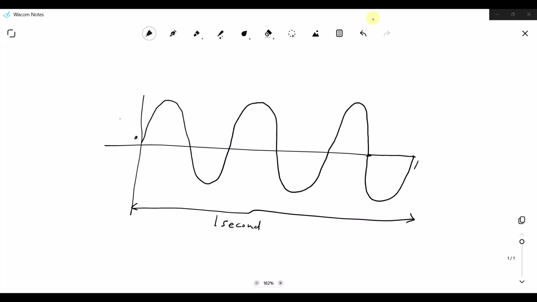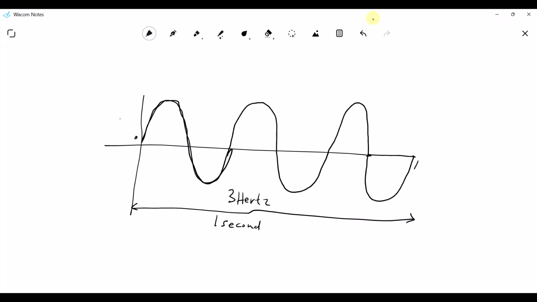In this diagram that I have drawn, can you estimate the frequency of this signal? Okay, by this time I guess you should have your answer. The answer is 3 Hz. Because the frequency of a signal is the number of complete cycles in 1 second.